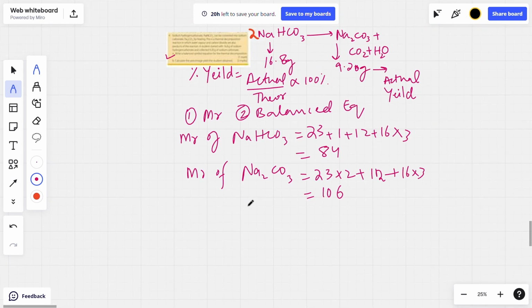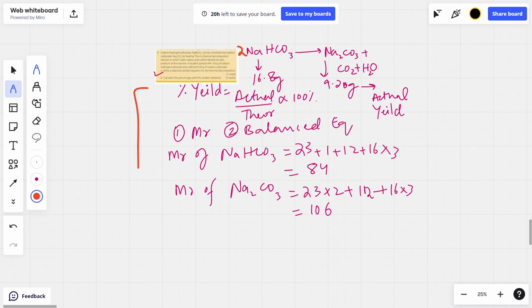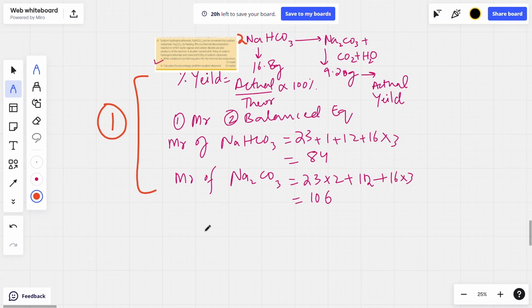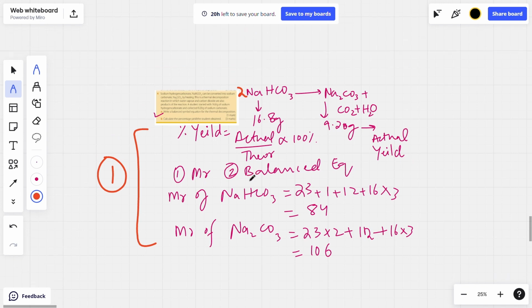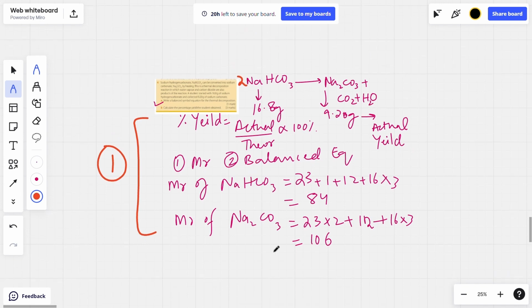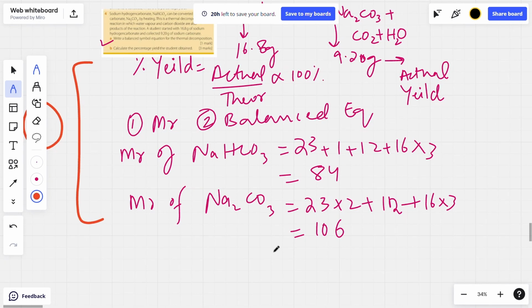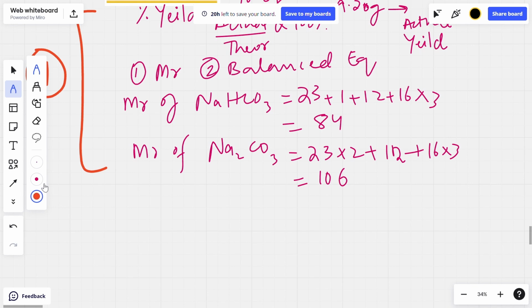So up till now we have completed the first step, in which we have the balanced chemical equation and the formula mass. Now we will find out the number of moles of the reactants in order to find out the moles of the product. So moles of the sodium hydrogen carbonate.